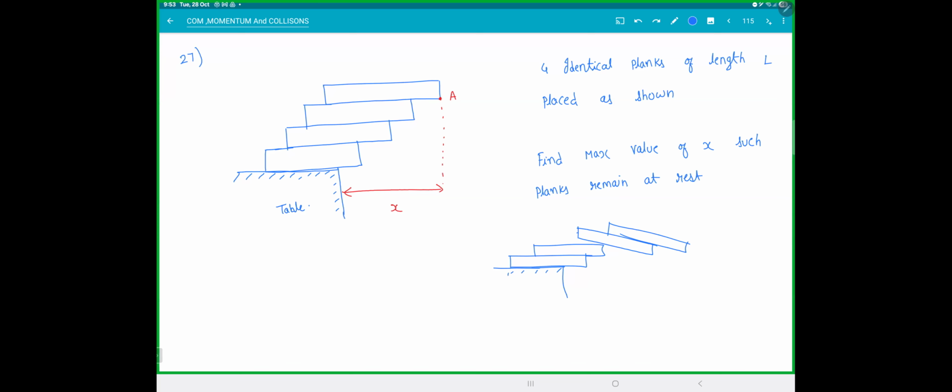Remember the concept. For a system to be in equilibrium, the center of mass of the system should pass through the base on which it is lying. Think for a minute, I'll show you. This is a little different one.